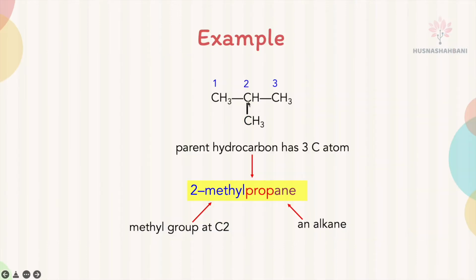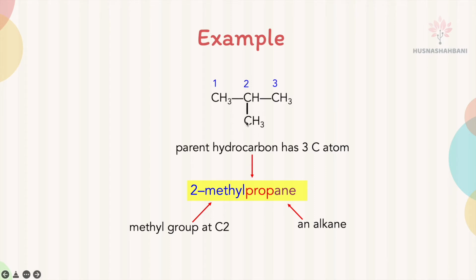For example, here let's start with the parent name. Find the longest carbon chain. The parent name is propane. The parent name is prop, and ane is the suffix for alkane. And then the substituent is the branch.